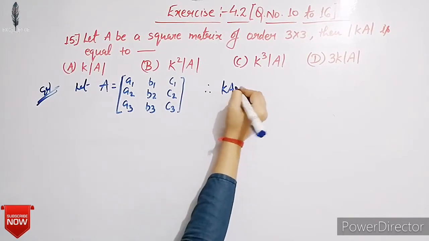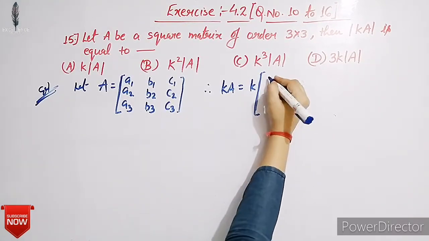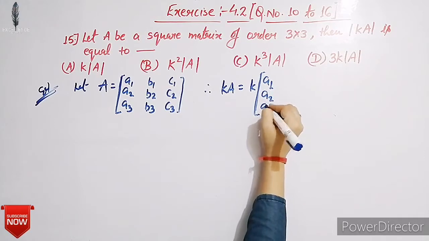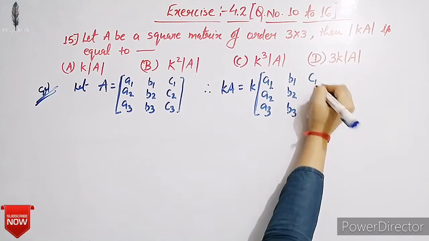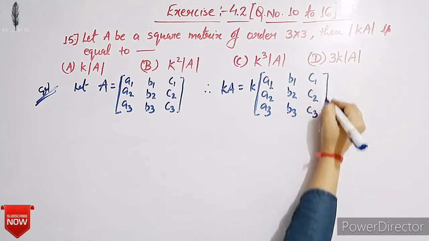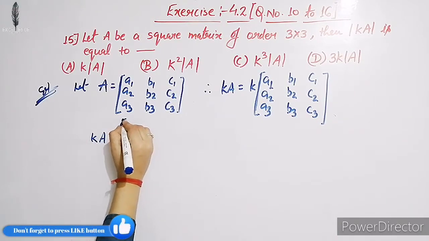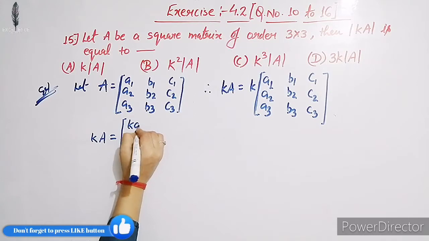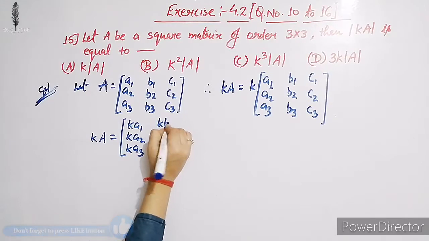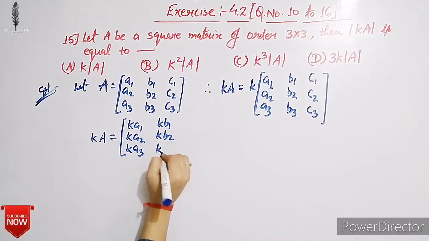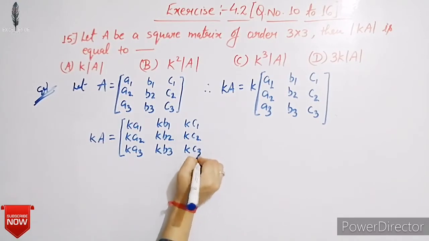Then KA is equal to K multiplied by the given matrix, that is KA1, KA2, KA3, KB1, KB2, KB3, and here KC1, KC2, KC3.